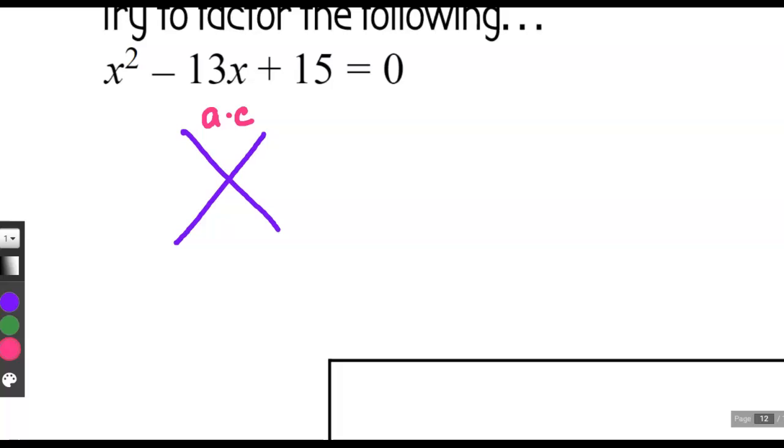Which is? And what goes in the bottom? What multiplies to be 15 but adds to be negative 13?